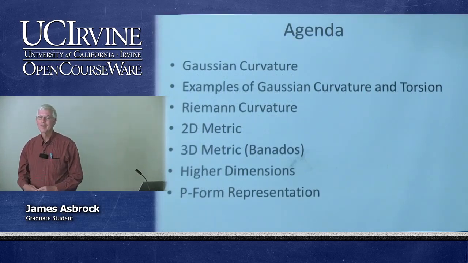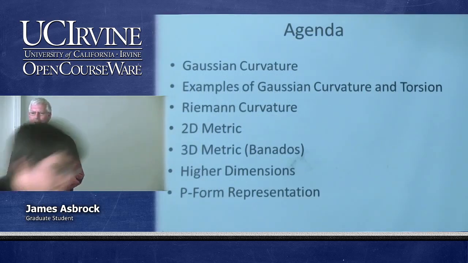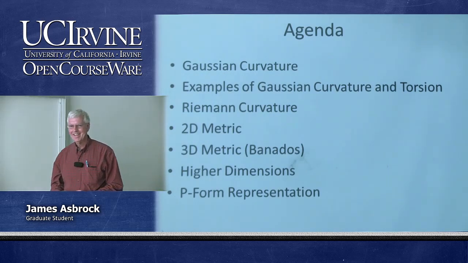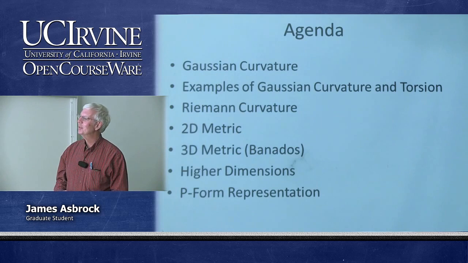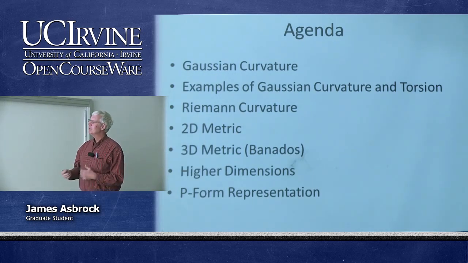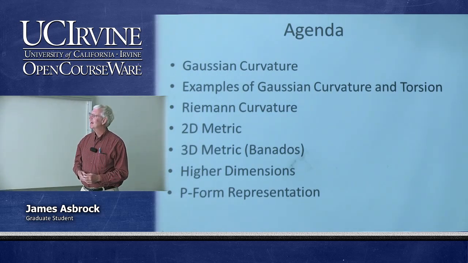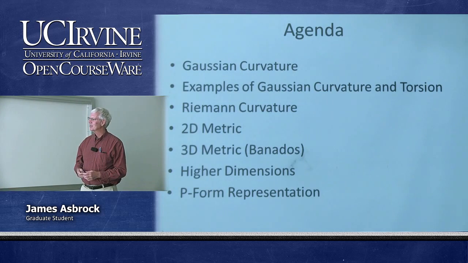Okay, so my name's Jim Asbrock. I'm a retired electrical engineer in class. So this is all kind of new to me, and that's why I have so many questions. My presentation is probably going to be more of a survey than an in-depth presentation because of my background.